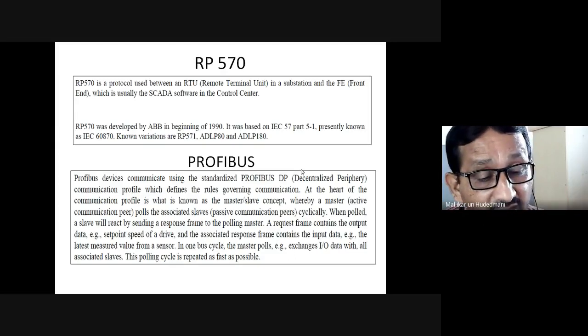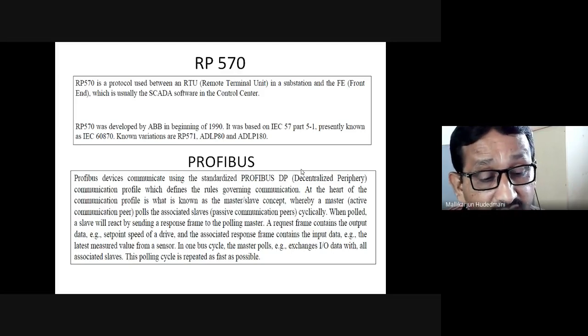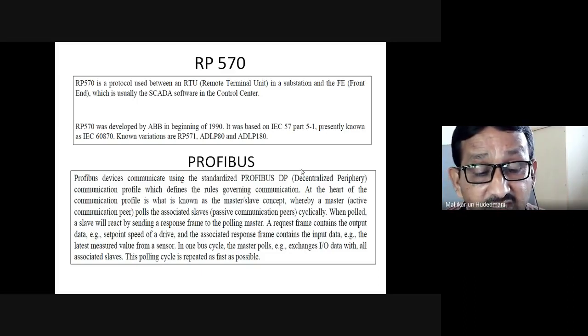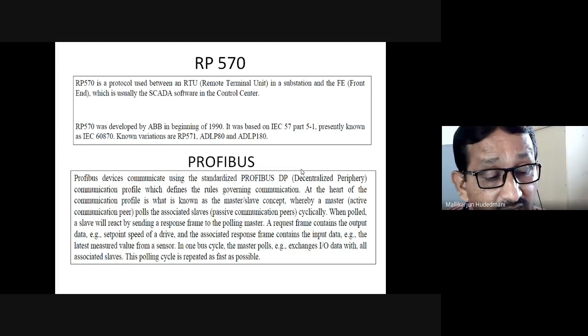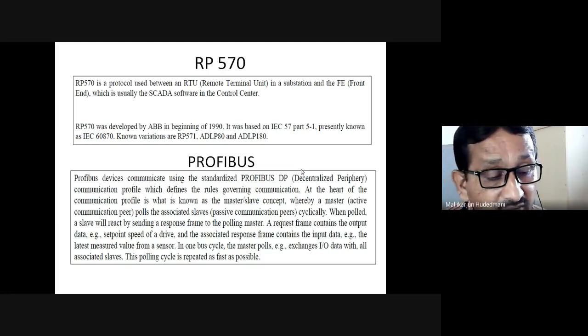Then there is Profibus. Devices communicate using the standardized Profibus DP, decentralized periphery, communication profile, which defines the rules governing communication. The heart of the communication profile is the master-slave concept.